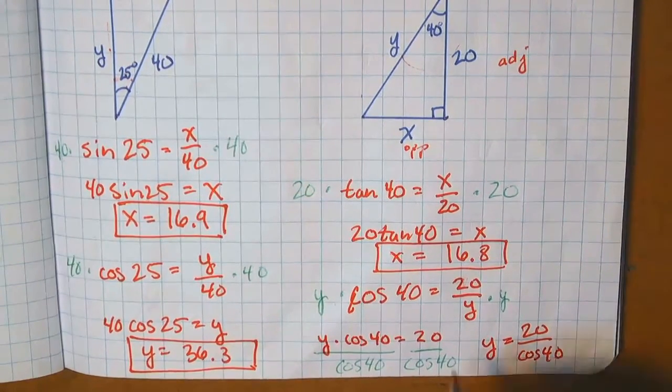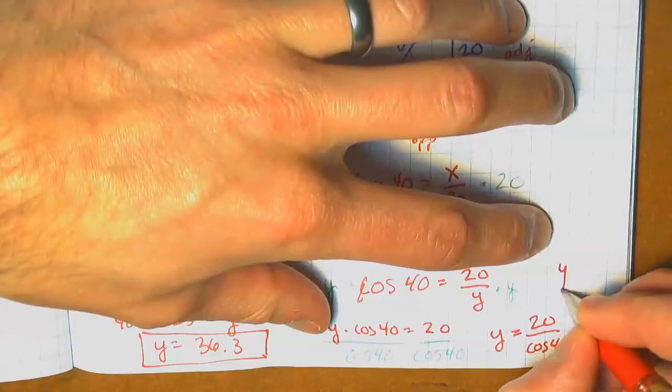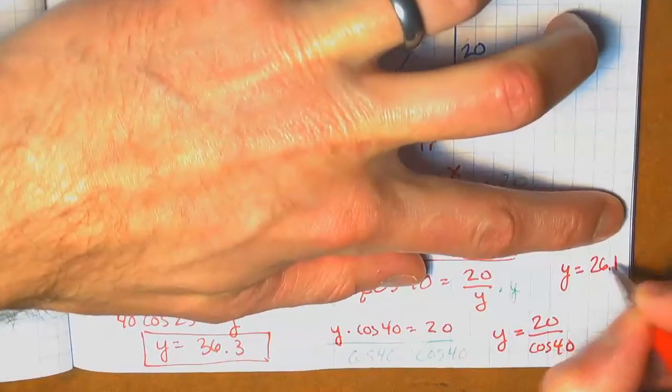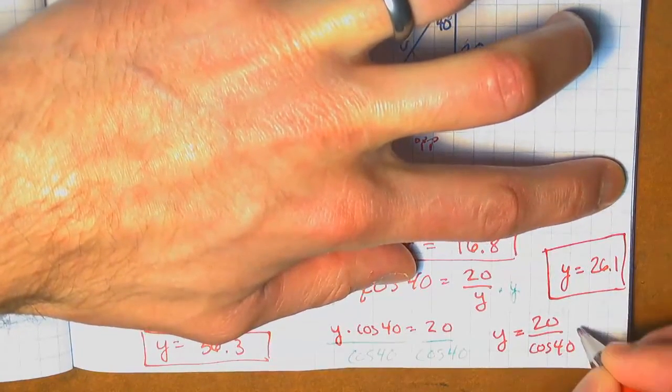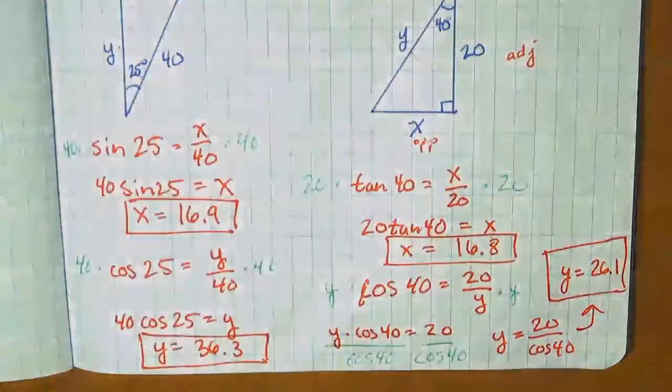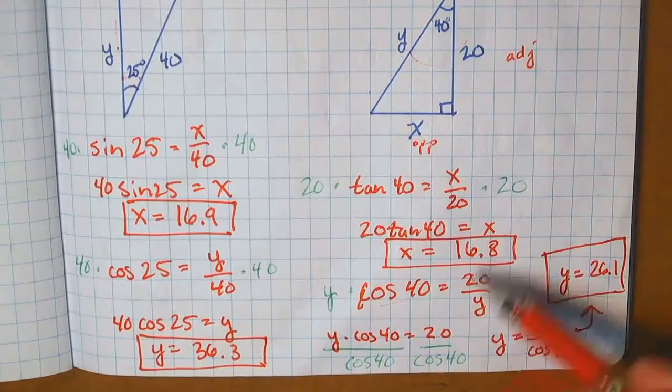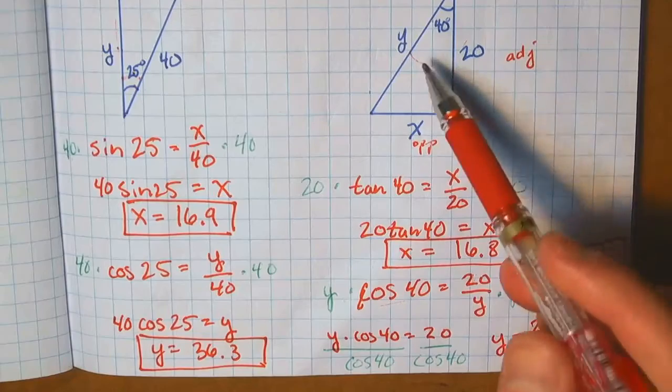So you do have to be careful in this case, right? Sorry, 26.1. 26.1. In this case, it's really backwards. So you want to be a little bit careful in that, right?